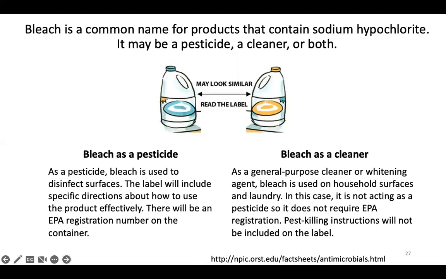So check your bleach containers when you go home to see if you can find an EPA registration number. Generally, if the bleach is used for laundry purposes, you won't find a number. Otherwise, if the bleach is a disinfectant, you will find an EPA registration number on the container. So do a treasure hunt after the presentation.